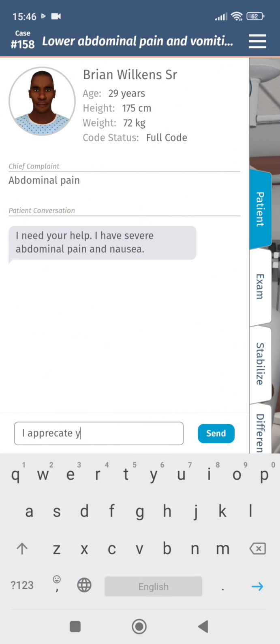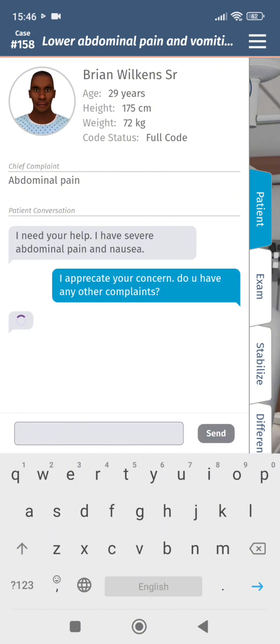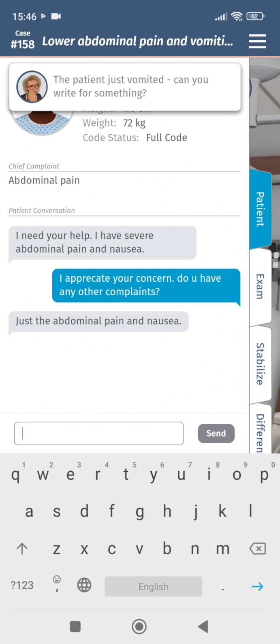So we will ask some questions. We will first reassure the patient, and we will ask about other symptoms or complaints. This is the AI, so he will give you answers.